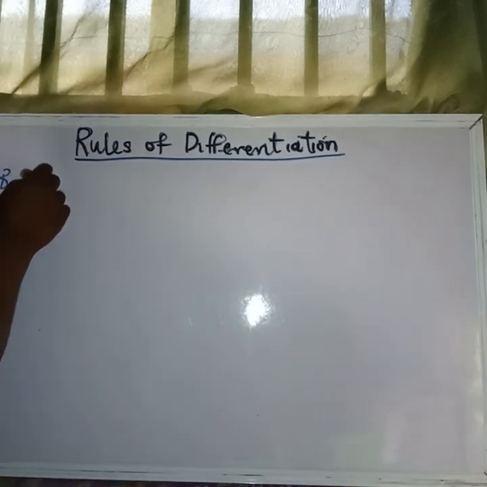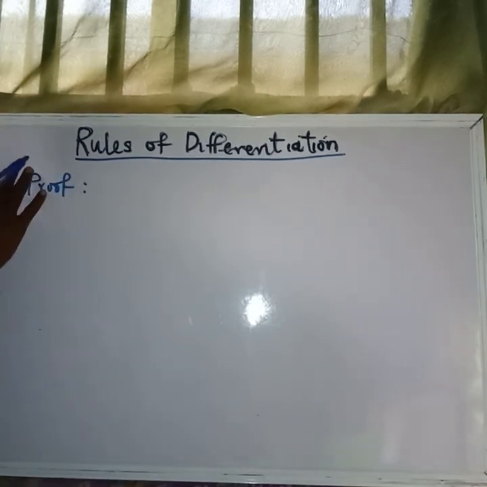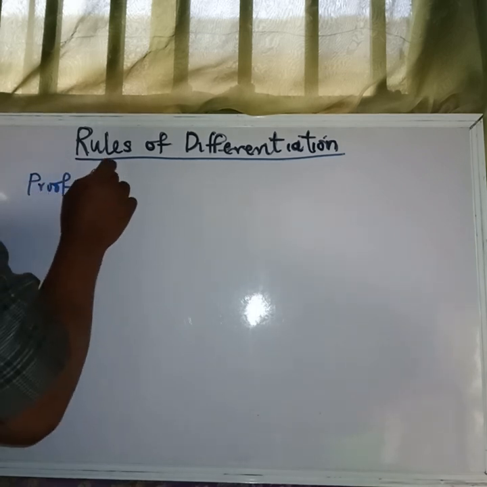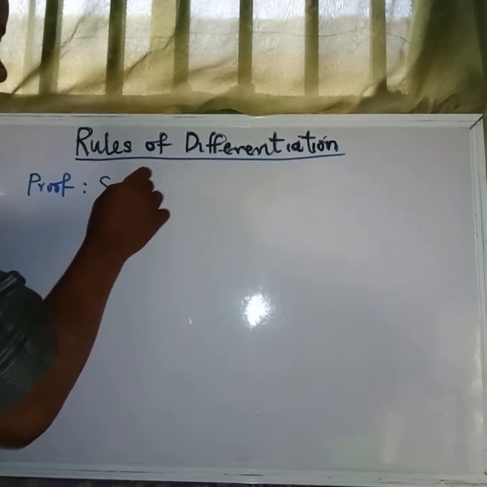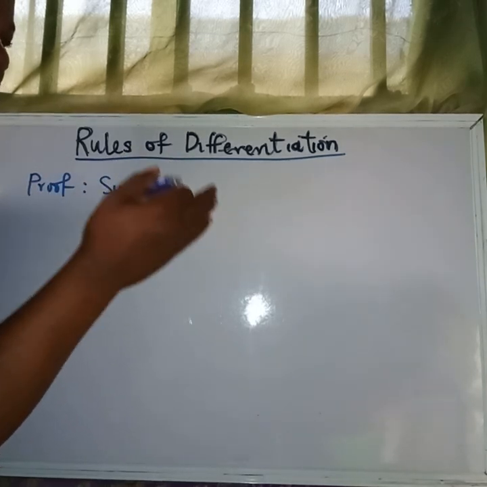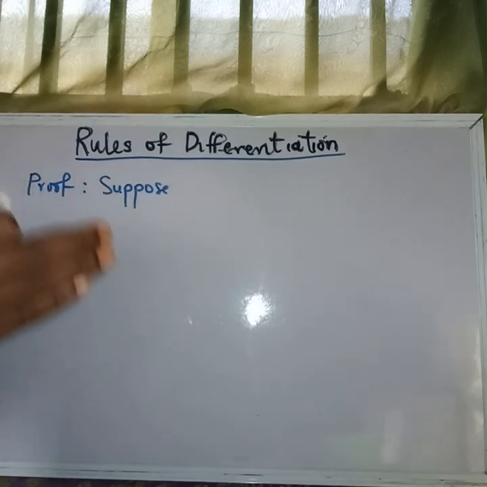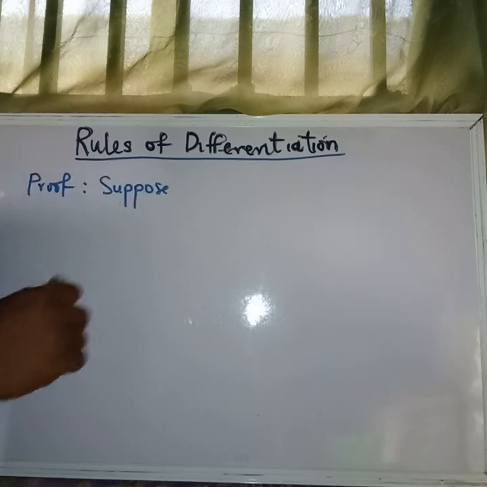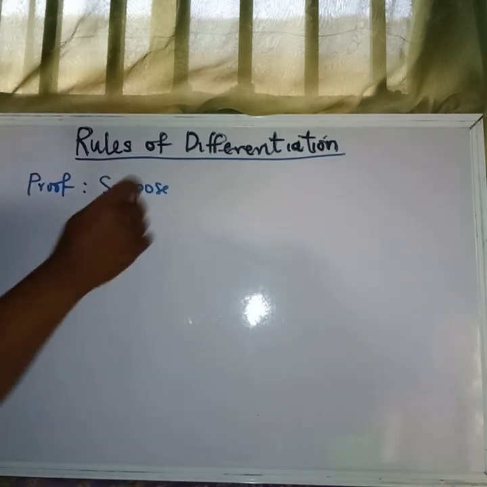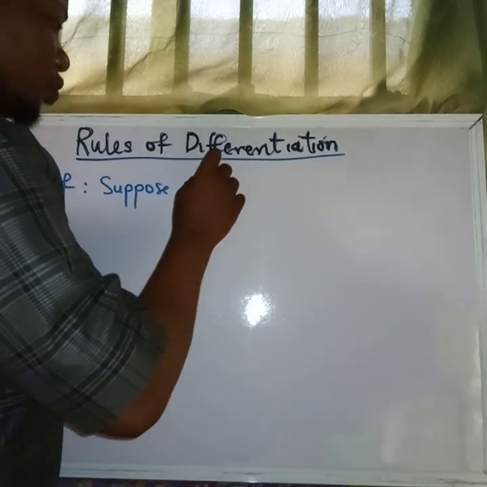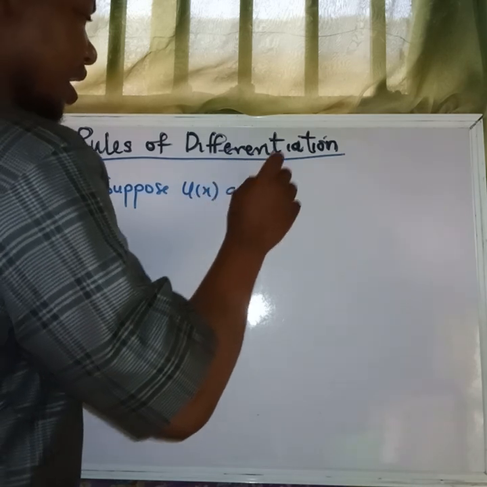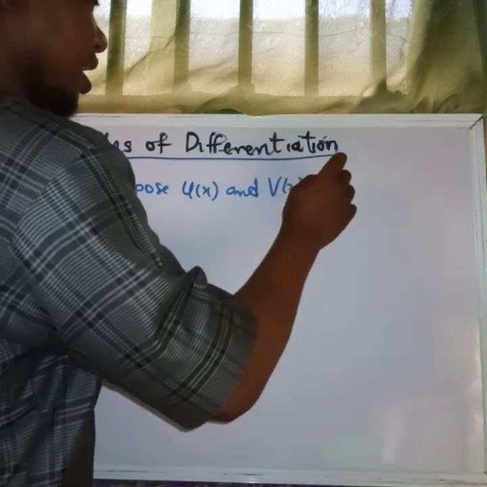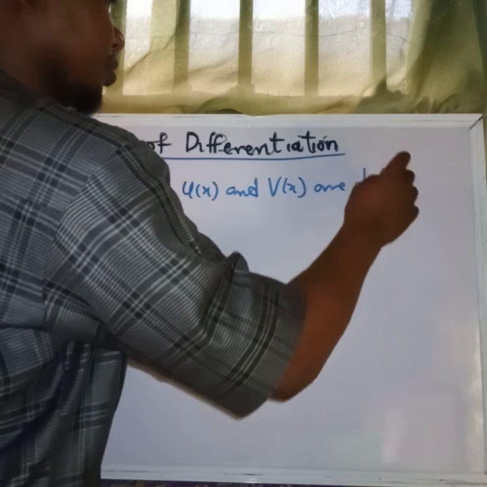Proof. In the statement of the rule, we have: if u of x and v of x are two differentiable functions. We first of all assume that, since that is an antecedent there. Suppose u of x and v of x are differentiable.